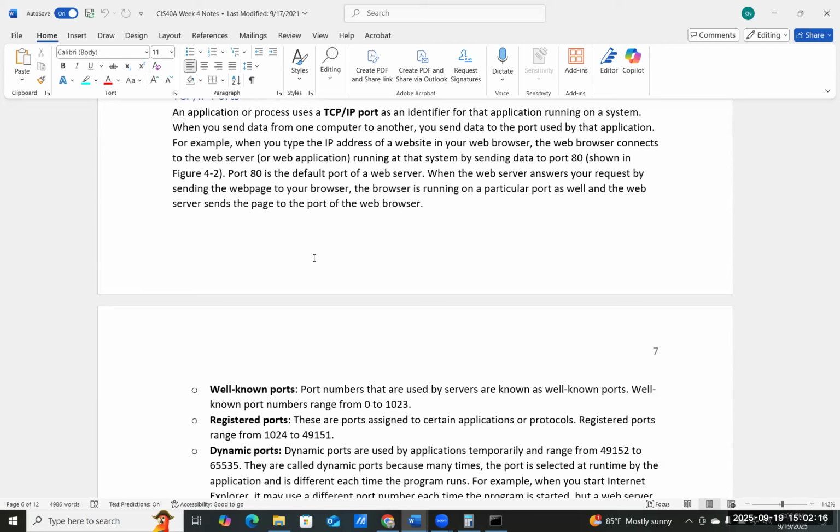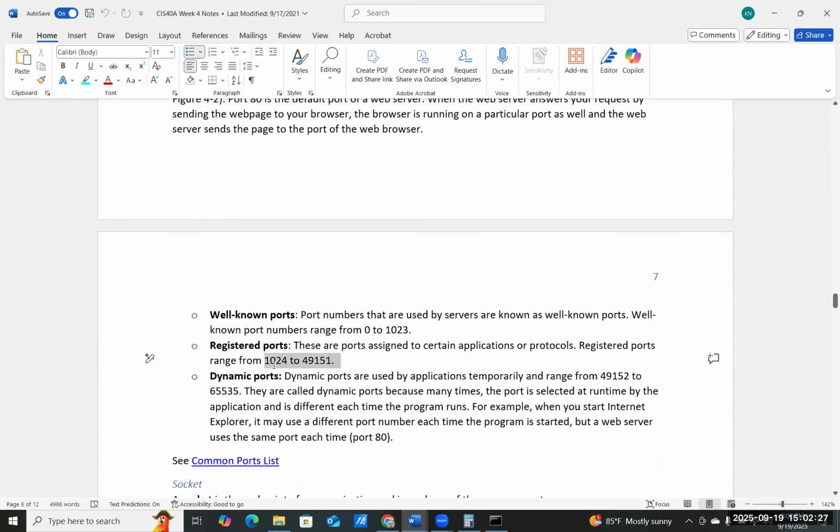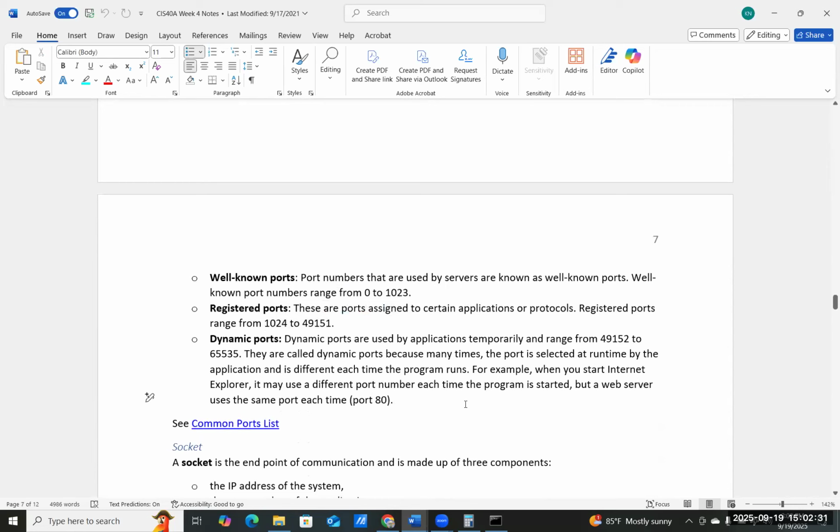It's not secure, right? Everything is in plain text. So it will tell you the port number. And so the registered ports, they have registered many ports for different types of service, and it's in this range, right? And then you have a dynamic port where it would temporarily use a value for the time that it needs for the application to run.